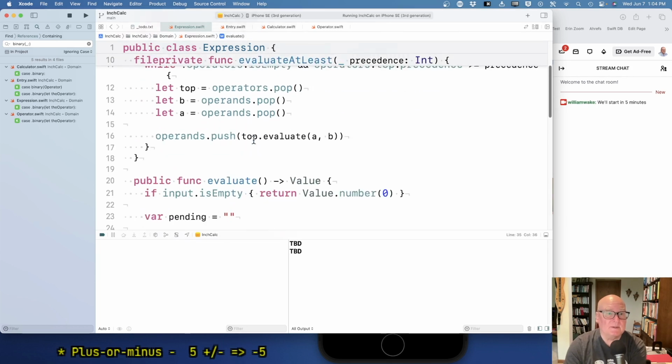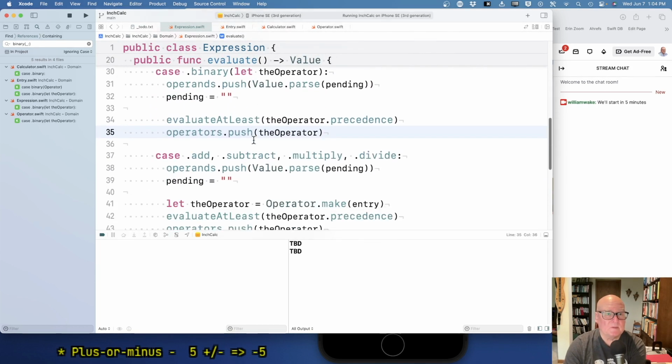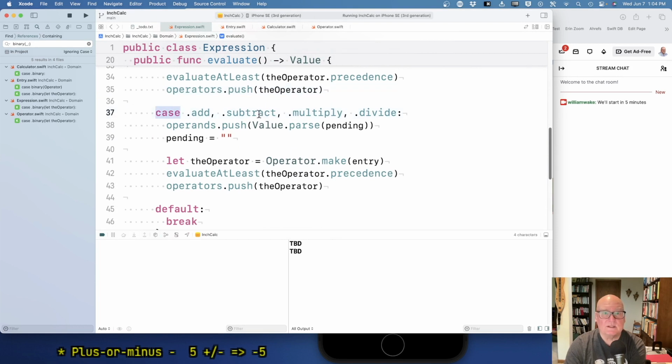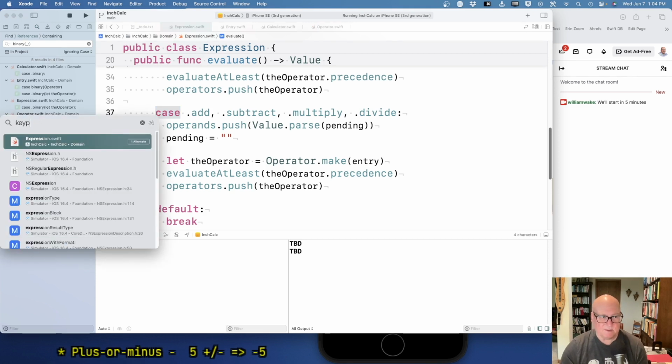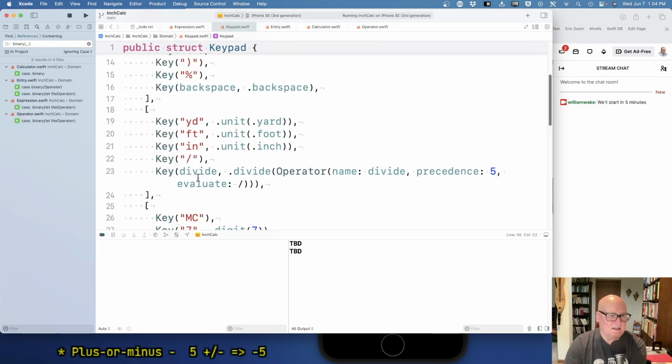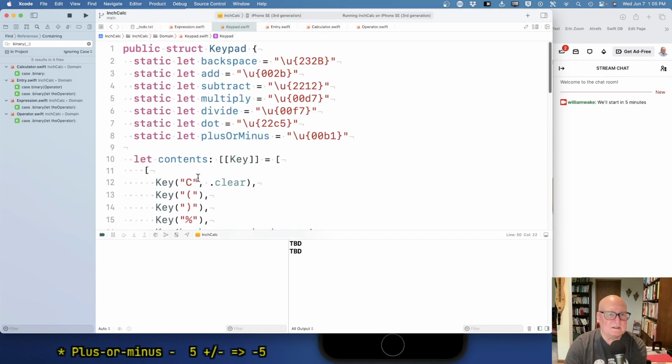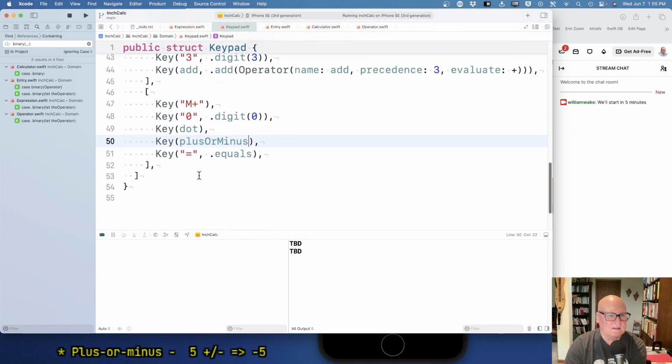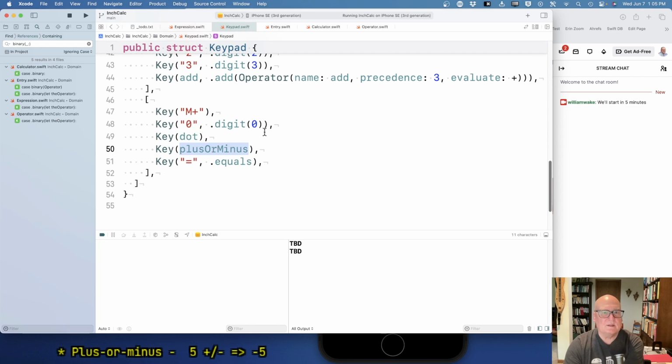Well, we're going to have to see how we think about these. But let's get this plus or minus key in there first. So in keypad, we've got to start at the user interface level. We have a plus or minus key somewhere down in the last row. Okay, there's key plus or minus.